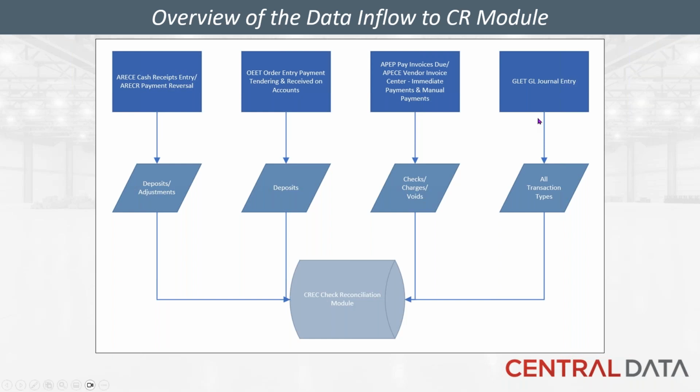And then from the GL module, we can create all sorts of transaction types. So it's good to know what options you have for reconciliation and what you're looking for when you're looking for different pieces to match up to your bank statement. But all these transactions flow into this check rec module database.